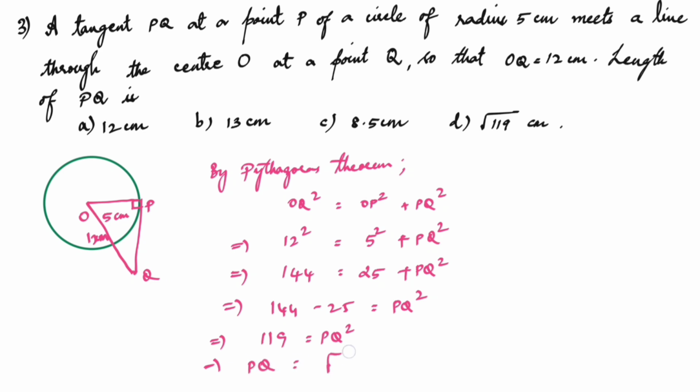Taking square root, we get plus or minus root 119. As this is length, we take it as positive. So we get root 119 cm. That is option D.